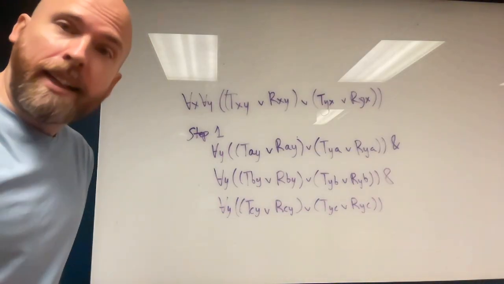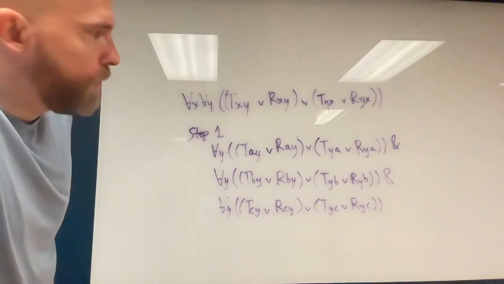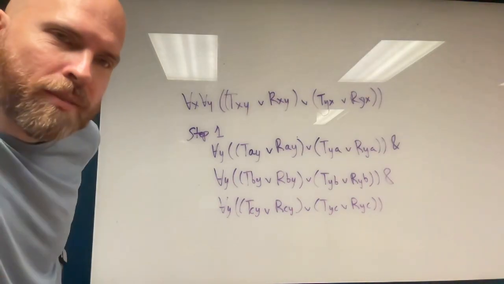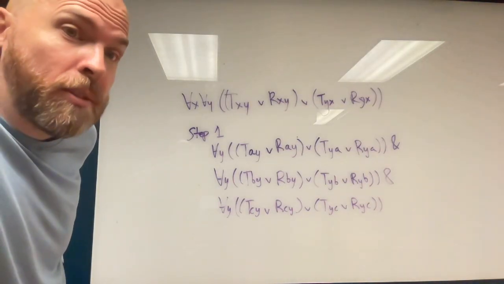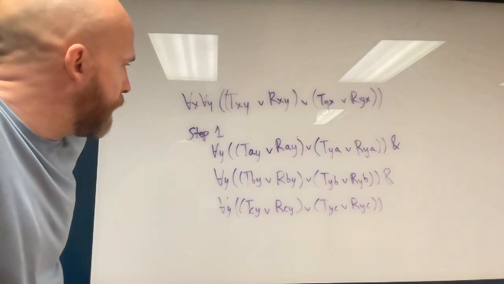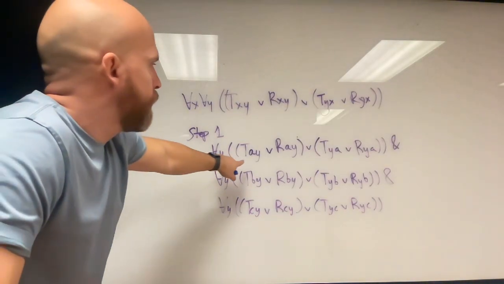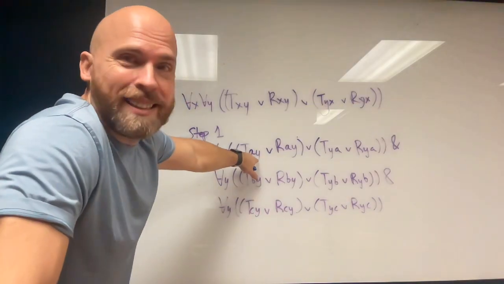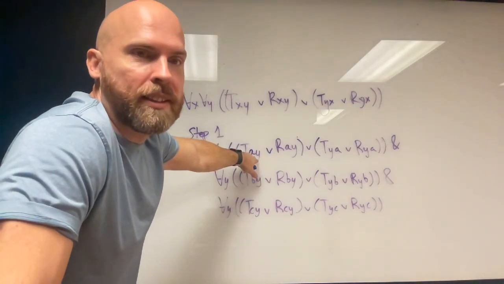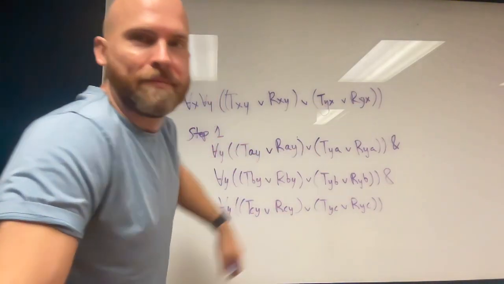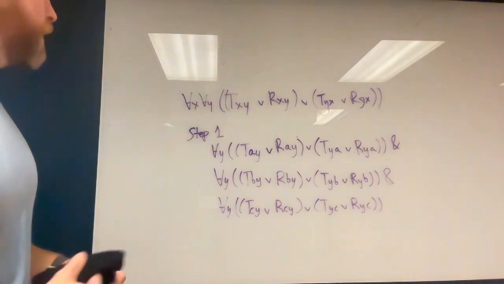So that's only one of the quantifiers, though. We've got the other universal quantifier. Now, following along this route, what we have to do is drop off that universal quantifier and then replace the y's in each case with A, B, and C. Okay, so here's what I'm going to do now.